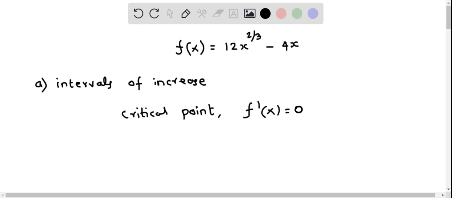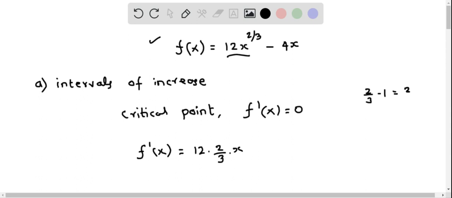So let's find the derivative of the function f of x, that is f prime of x, and this equals, we find the derivative of the right side expression. So let's find the derivative of 12x^(2/3). I put this constant 12, and then to find the derivative of x^(2/3), we use the power rule of derivative. That is, we put the power in front and raise x to the power of 2/3 minus 1.